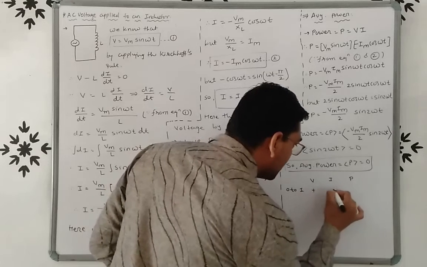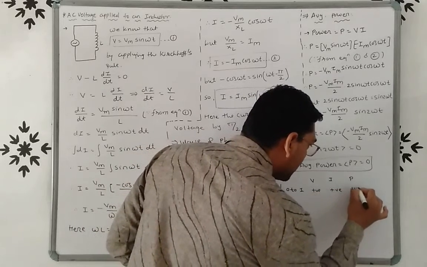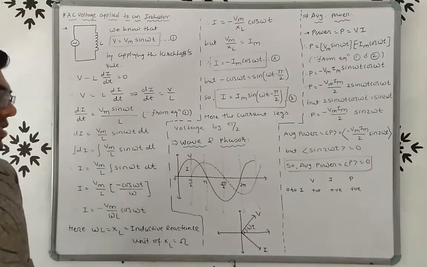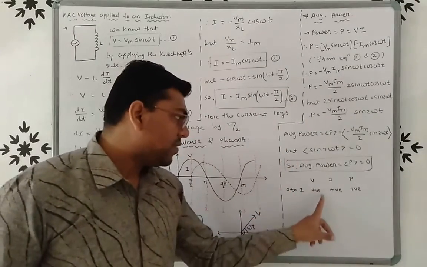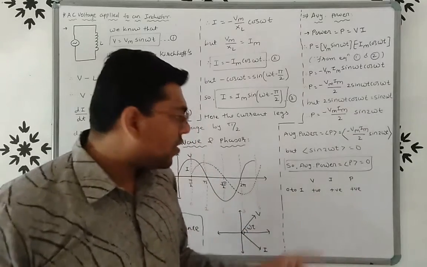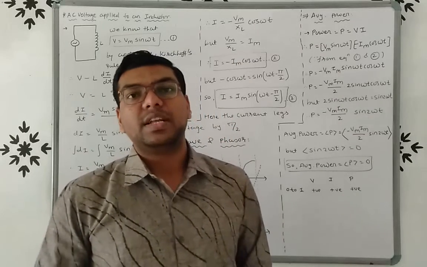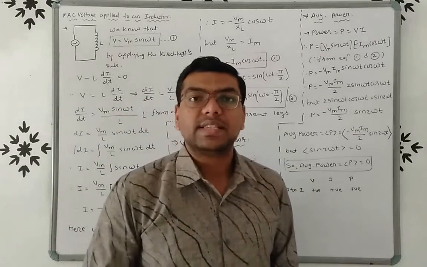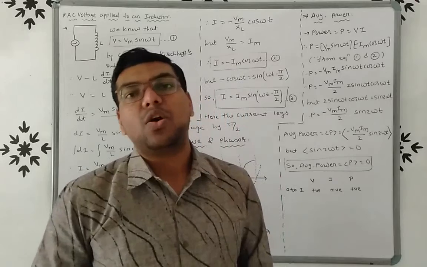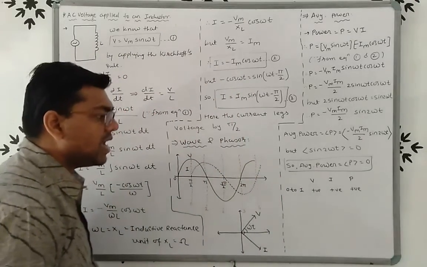So voltage positive, current positive, so power positive. So in this case, when voltage is positive, current is positive, and the product of voltage and current is also positive. So in this case, the energy is absorbed.